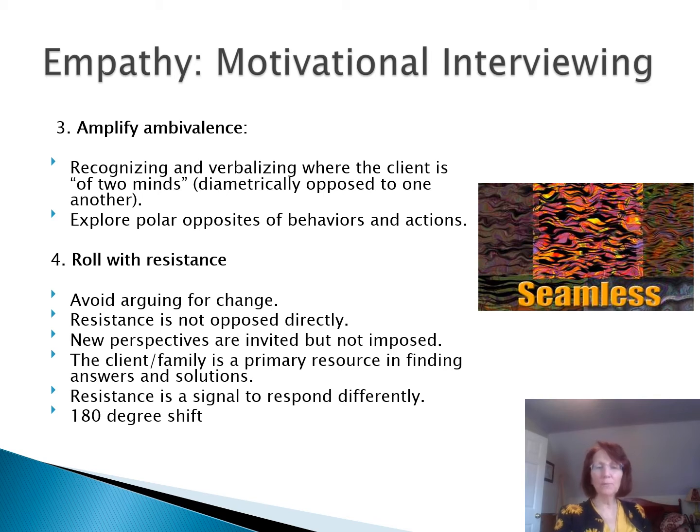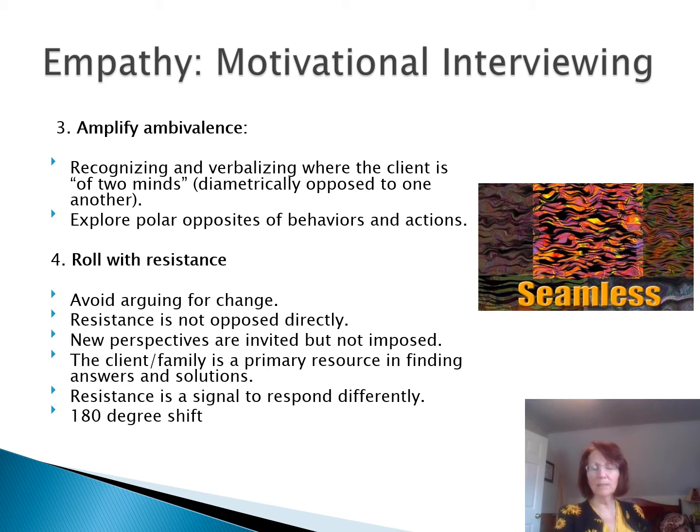There's a part of recovery where the client is trying to figure out how they can move towards recovery, and they're still identifying with using or old using behaviors. That's when we tend to work on amplifying ambivalence as one of our motivational interviewing techniques. This helps the client move towards change.